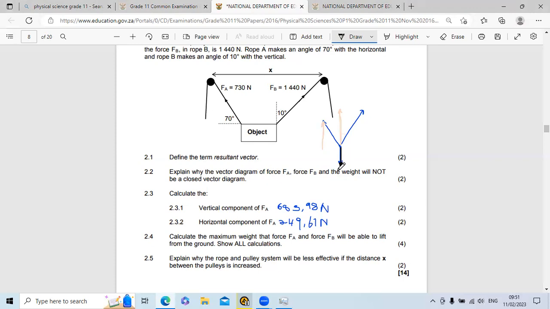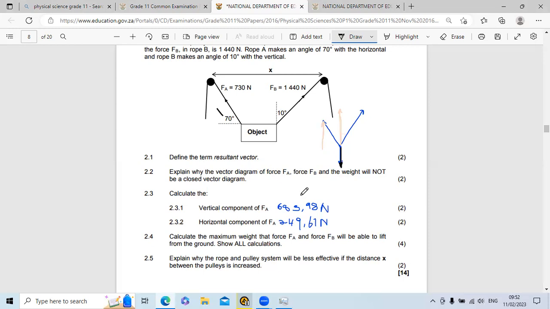So if we want to find the weight, we have to find the y components of all these vectors. Since weight is on the y axis, and it has a 0 on the x-axis, we're just going to find all the y components.